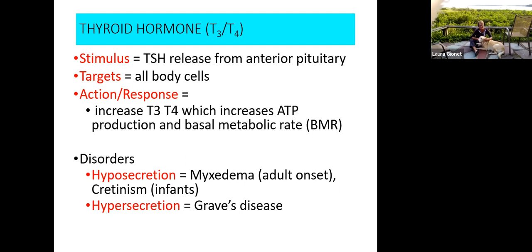But if something goes wrong and you start to identify some of your normal body cells as being foreign, you start making antibodies to them, maybe to the particular cell that produces something, or maybe the receptor on a particular cell, and you start to kill them off either very rapidly or maybe just slowly and gradually. And myxedema and Graves' disease are examples of autoimmune disorders.